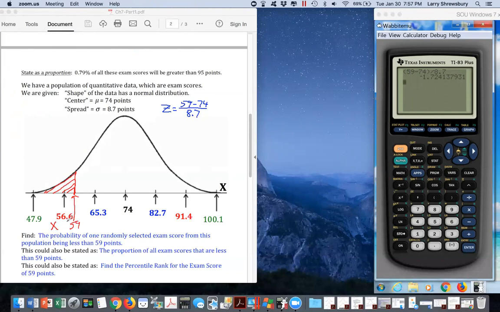Now you know whoever's farther to the right gets the big end of the inequality, who's smaller gets a small pinched end. Put parentheses around that, capital P in front, and there's the easy way to get this notation that represents all three of those sentences. Now, what we'll do is we're going to use normalcdf.